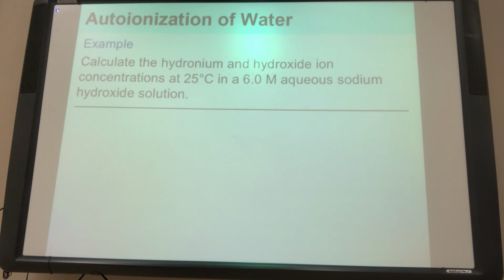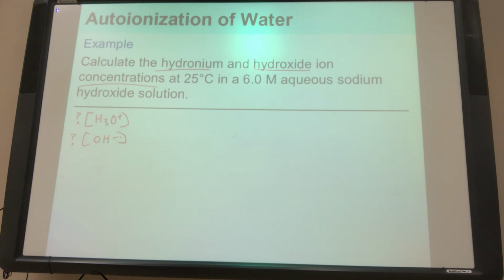Calculate the hydronium and hydroxide ion concentrations at 25 degrees Celsius in a 6 molar aqueous sodium hydroxide solution. All right, so like we always do at every problem, what am I looking for? It says the hydronium and hydroxide concentration. So the concentration of hydronium is my H3O+, and the concentration of my OH-.